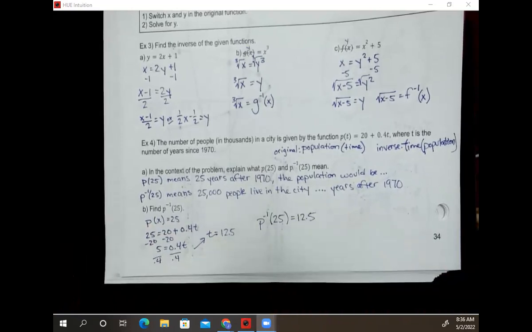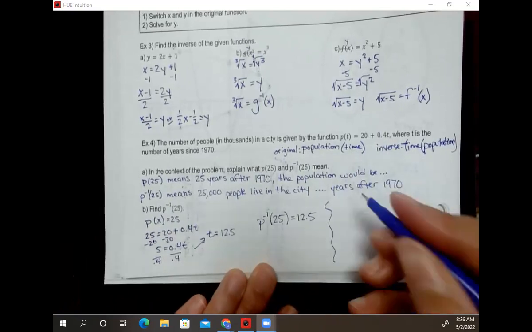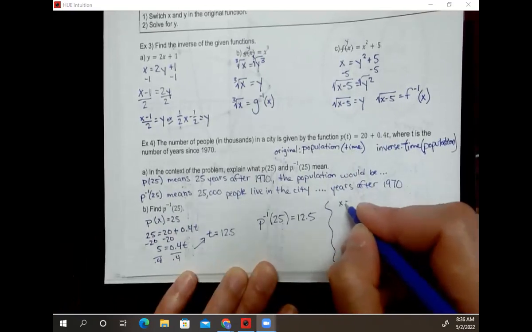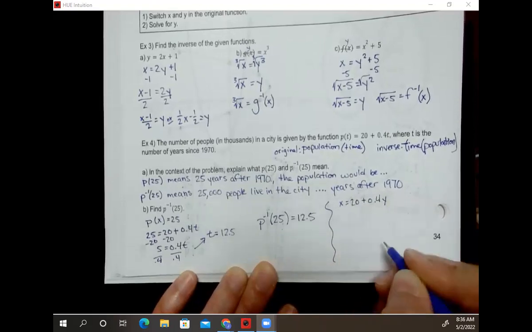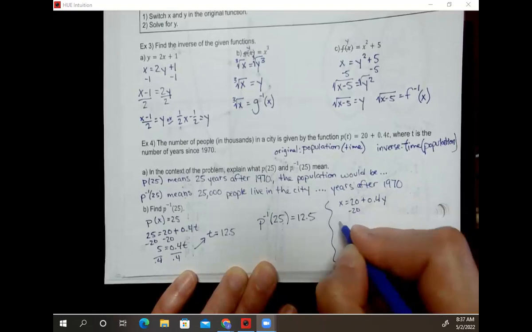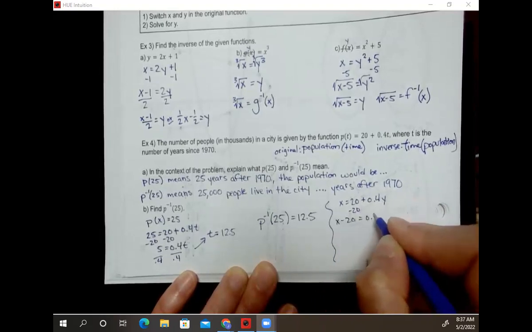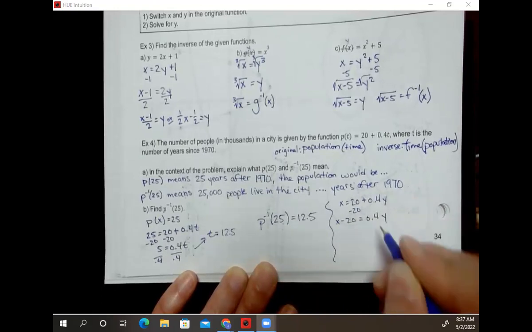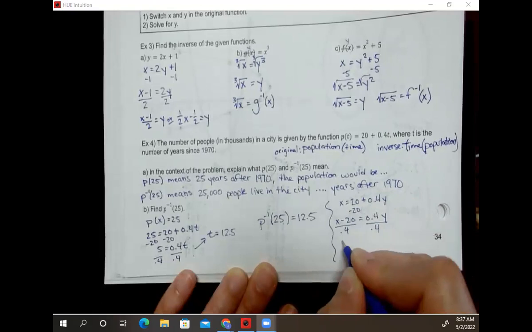Now, the other way I could have approached this is to find my inverse function. So switch x and y. And then get y by itself. So this would be x minus 20 equals 0.4y. Divide both sides by 0.4. Remember, it's the whole side.